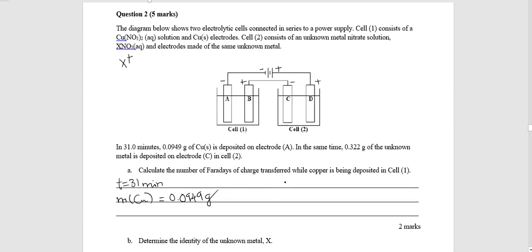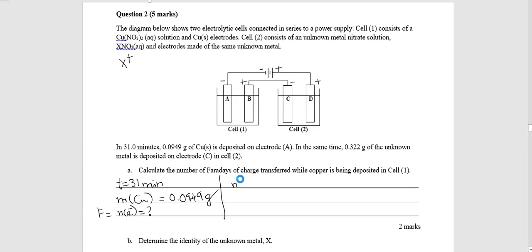Calculate the number of Faradays of charge transferred while copper is being deposited in cell 1. Okay, I need to work out the number of Faradays. The number of Faradays of charge is equivalent to the number of moles of electrons being supplied, and to do that, all you really need to do is work out the number of moles of copper and then use the mole ratio.